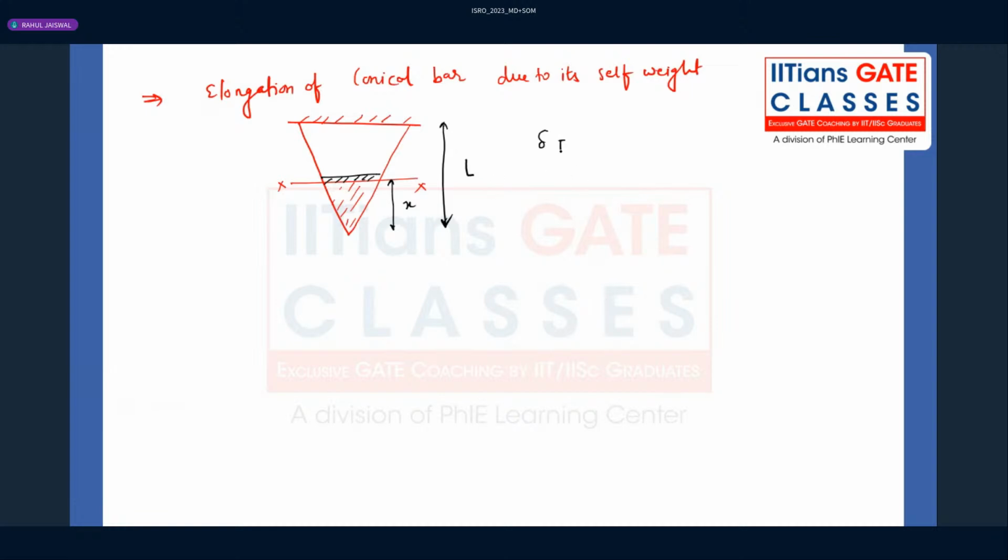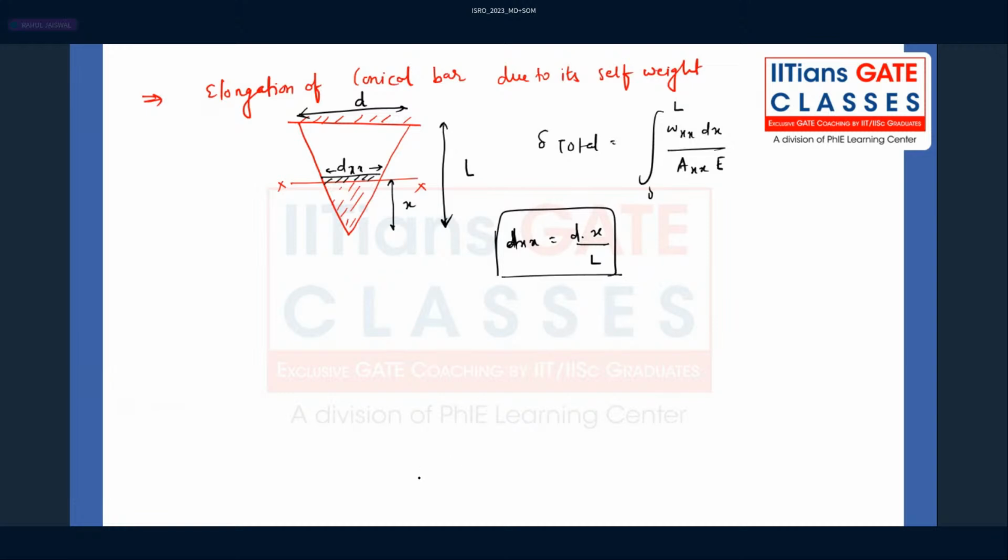So while performing integration, you have to write Wxx into dx divided by Axx into E, 0 to L. But what is the value of diameter at a section dxx? Here we have the diameter D, for example. Then dxx will be D into x by L because it is varying linearly.